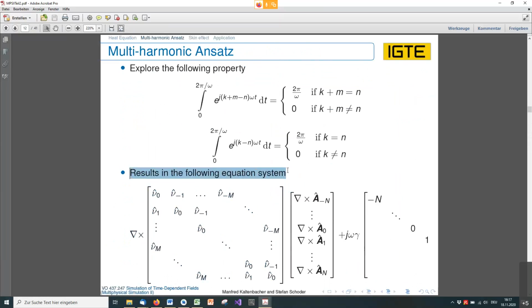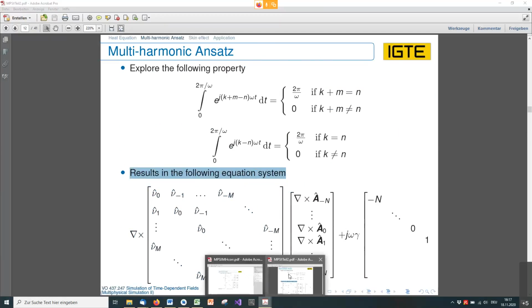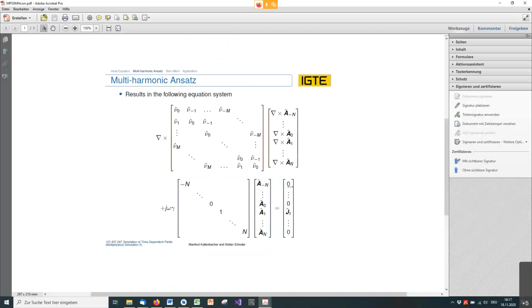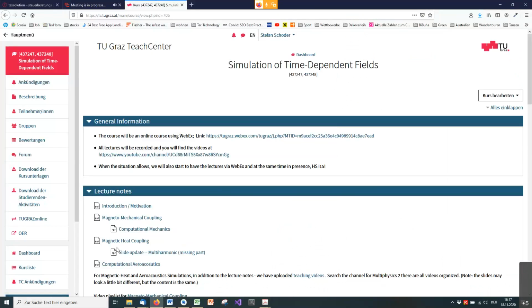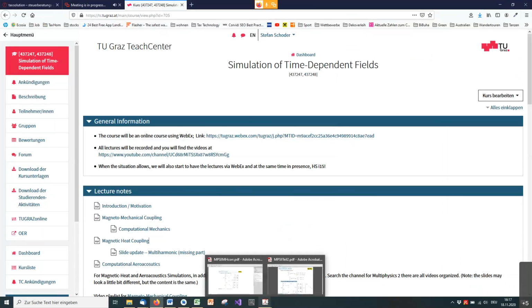Here we had the results in the following equation, and the equation started and ended somewhere off slide. So I put the equation in one slide and uploaded it into the Teach Center, into the course. Here you have the section magnetic heat coupling, and there is a slide multi-harmonic missing part. Is it okay for everyone? Yes, perfect.